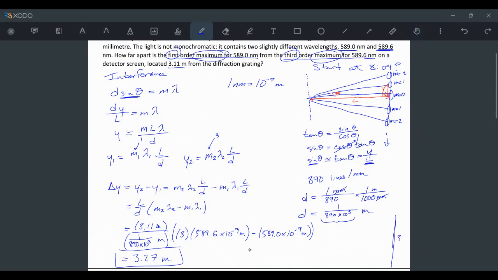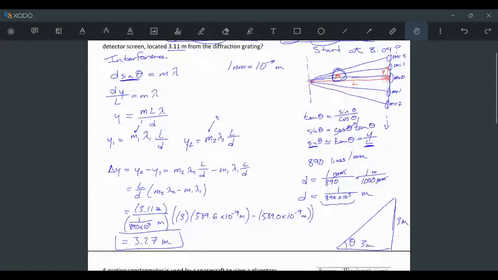What this says is there's a big distance, like 3 meters here, and the screen is 3 meters here. So the triangle that involves theta looks something like this. The reason I'm saying this doesn't make very much sense is that theta is very large. This is like a 45-degree angle. That's huge. So the small angle approximation wouldn't actually apply here, but that's just because we put together a bad question.